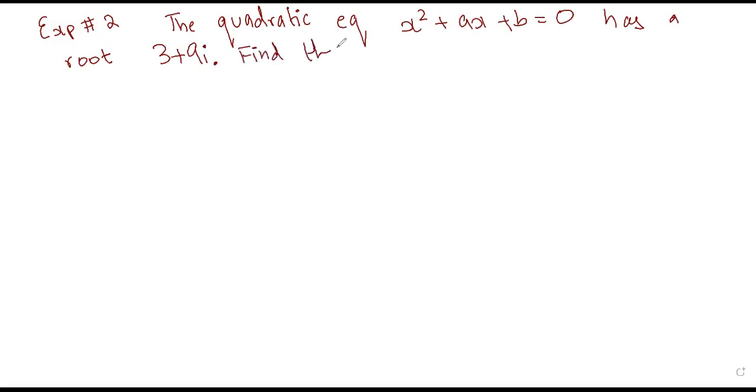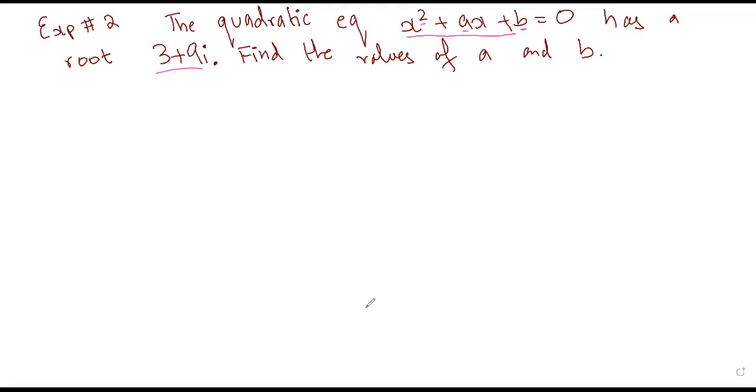Find the values of a and b. Okay. Now, basically, in this question, you have been told that this is a quadratic equation. That is obvious because the power is 2. a and b are the coefficients, a of x and b is the constant term. And they told you that this has this root. Find the values of a and b.